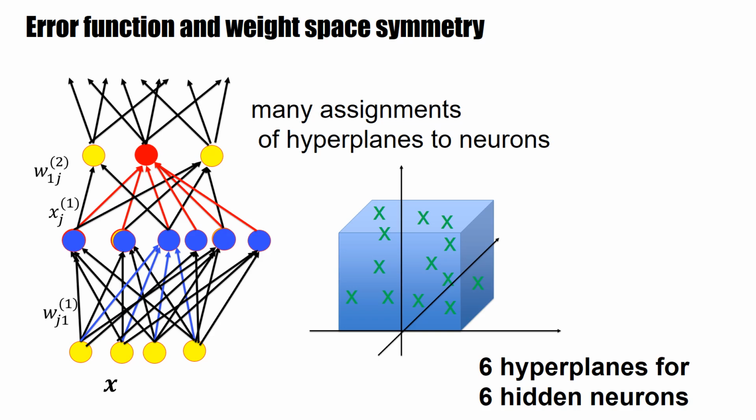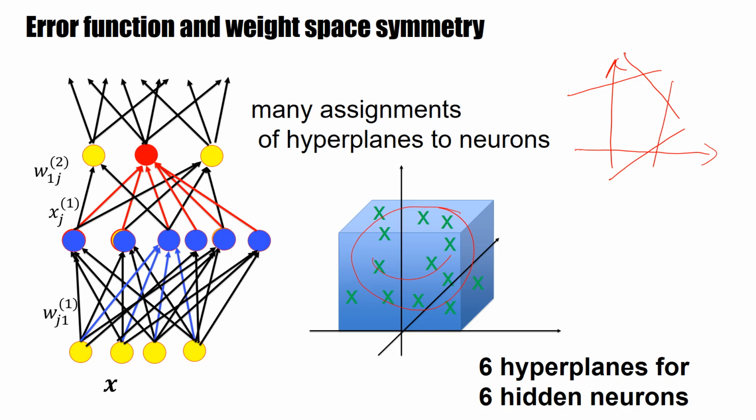So now let's continue with the second example. Now I have a 3-dimensional input space, and let's suppose that all the positive examples lie inside this blue box. Then I will need 6 hyperplanes to characterize this blue box, and I can implement this by 6 neurons. But it's not because I'm now in 3 dimensions that the number increases. Also in just 2 input dimensions, if I have 6 hidden neurons, I could use those to implement a more complicated function.